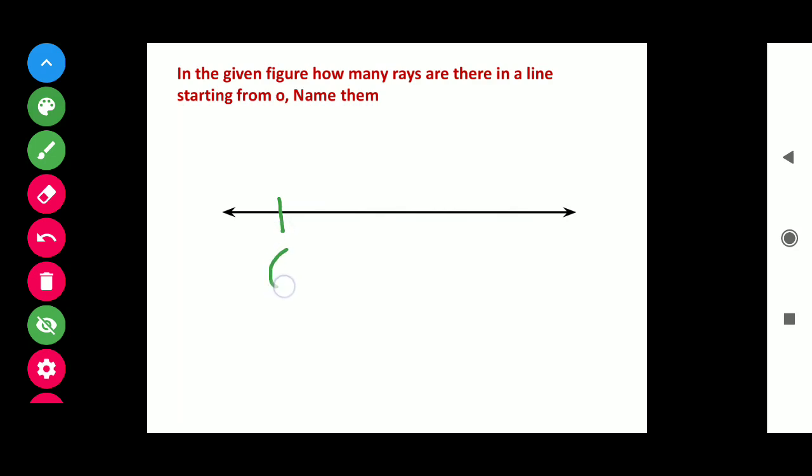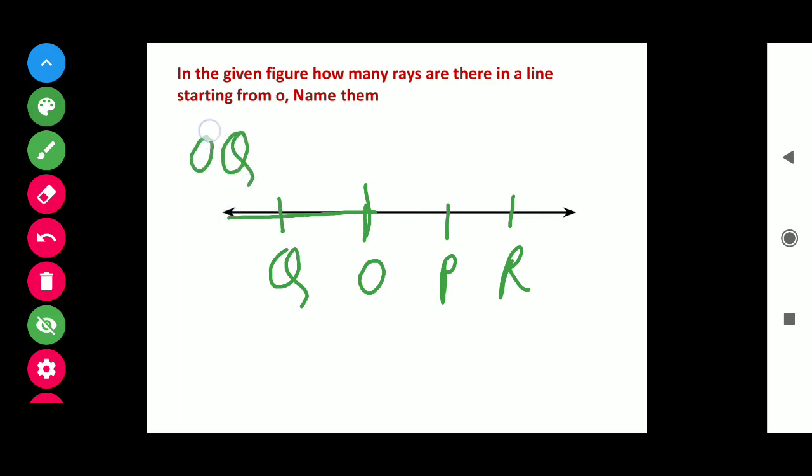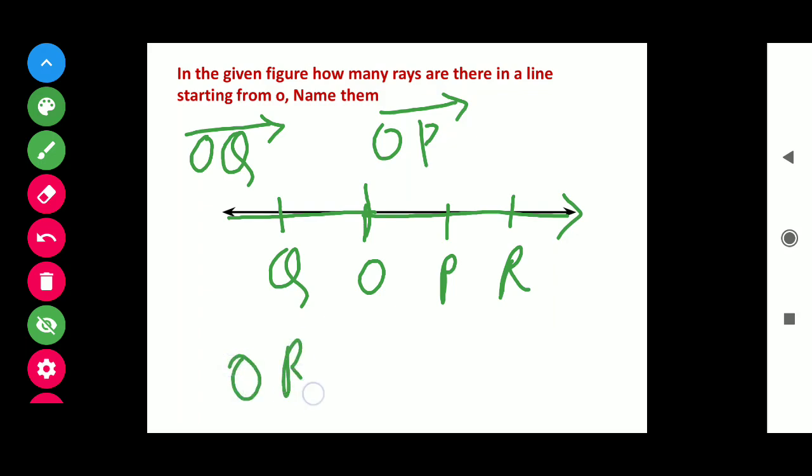Here it is Q, this is O, this is P and this is R. Now if we start from here and go this way, OQ is the first ray, then OP is the second ray, then OR is the third ray. So there are 3 rays on this line.